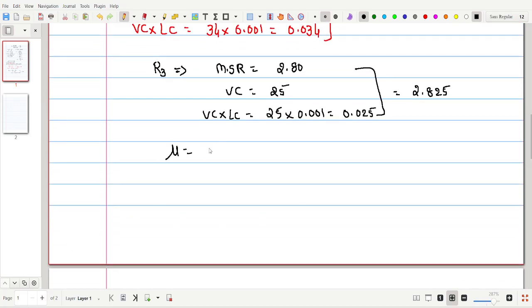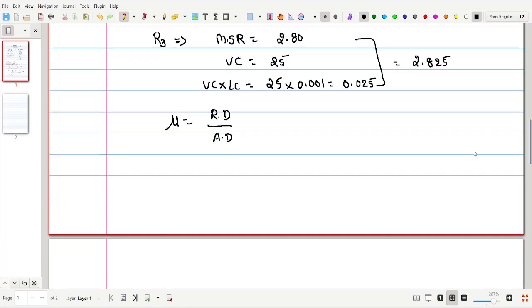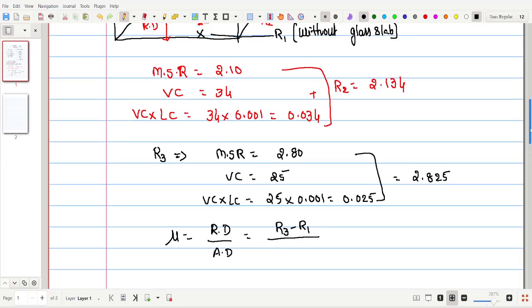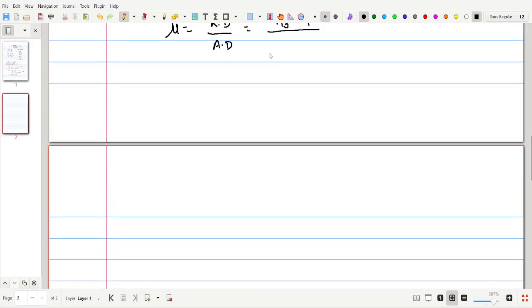Now, as I told, mu is equal to the formula real depth by apparent depth. What is the real depth actually? Real depth is glass slab top minus glass slab bottom, that is R3 minus R1. Similarly, apparent depth is the top of the glass slab minus the image formed by the glass slab, so R3 minus R2.